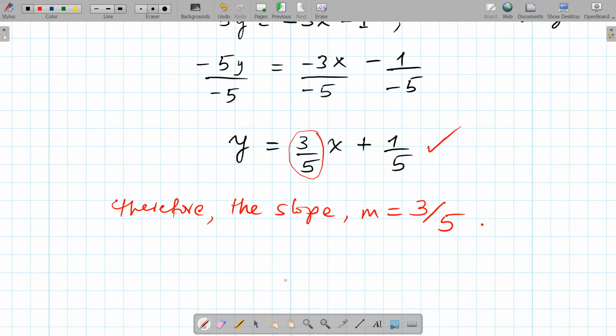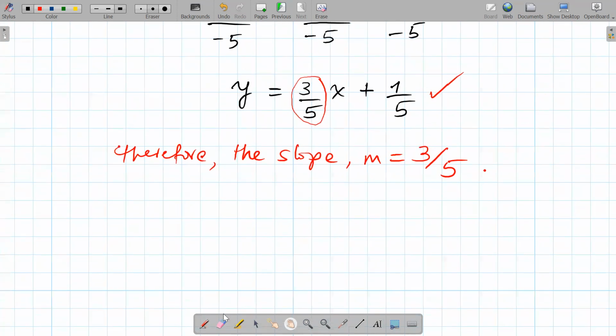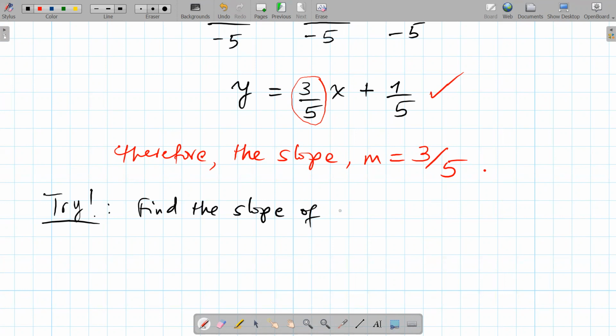Let me give you one to try. Find the slope of the line 3x plus 2y equal 9.